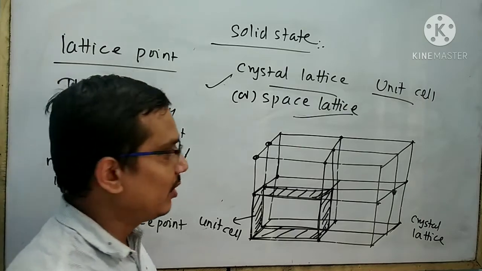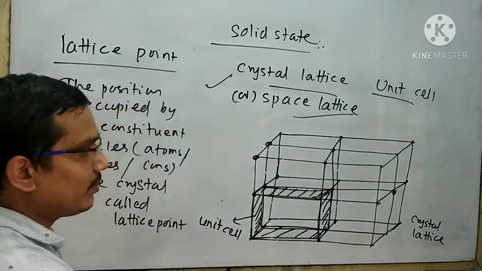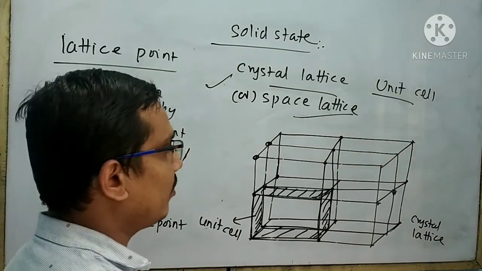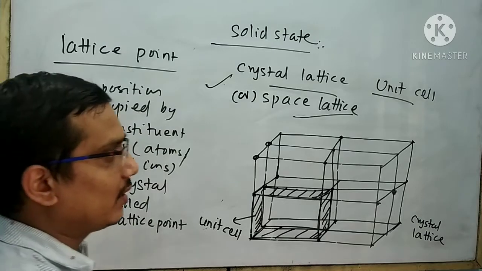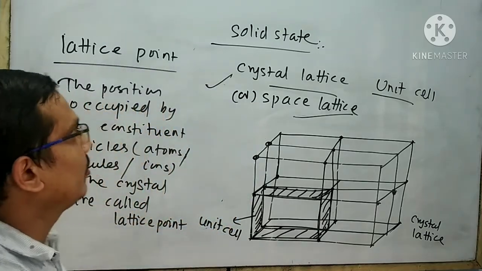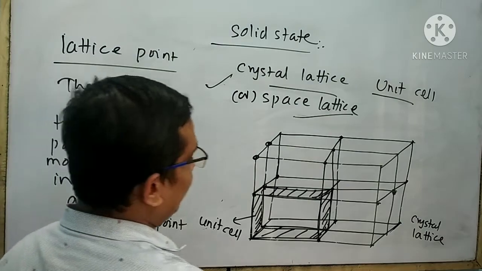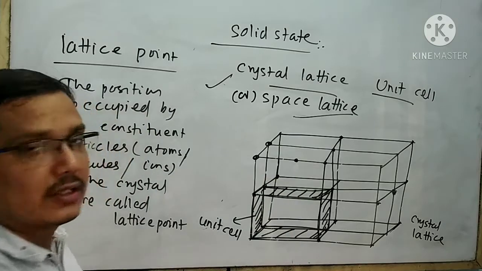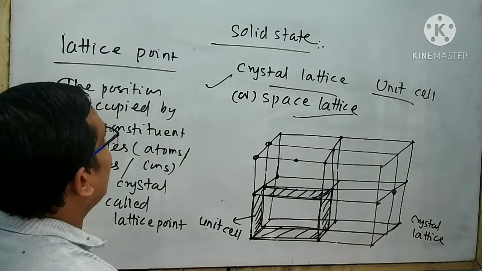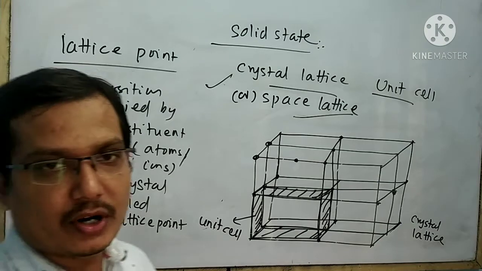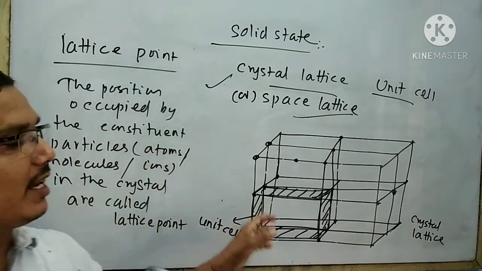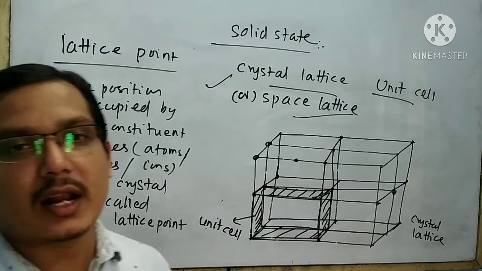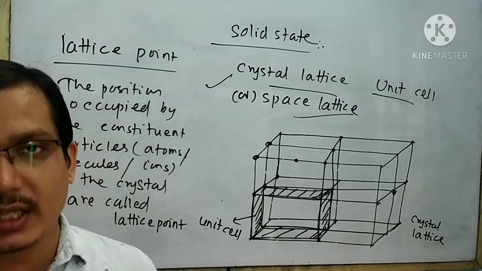That means in the crystal, the place where the atom or ion or molecule is placed is called your lattice point. Suppose I place an atom or ion or molecule here, then this position is also considered as a lattice point. Lattice point means the position occupied by the constituent particle, that is atom, ion or molecule, in a crystal, also called lattice point or lattice site.